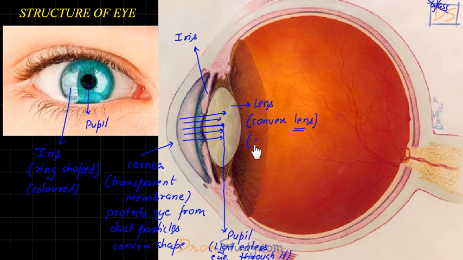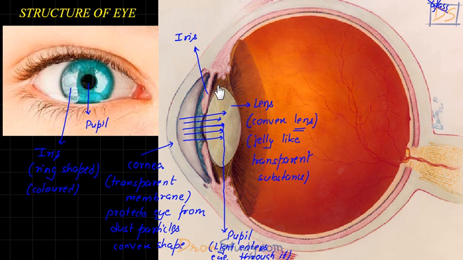It is made of a jelly-like transparent substance. Obviously, it cannot be made of glass, right? If glass were there, your eyes would be damaged.